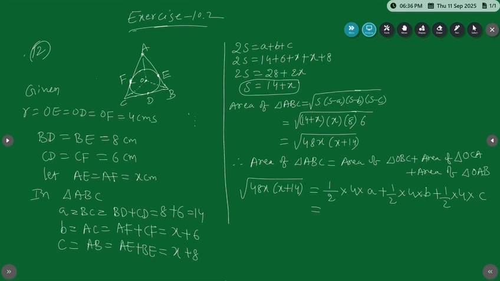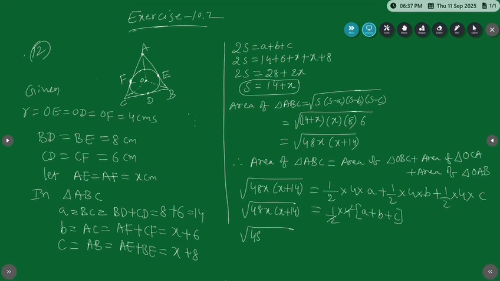We take half into 4 common, so I write a plus b plus c on the RHS. Half times 4 gives 2, and the LHS remains the square root of 48X into X plus 14.